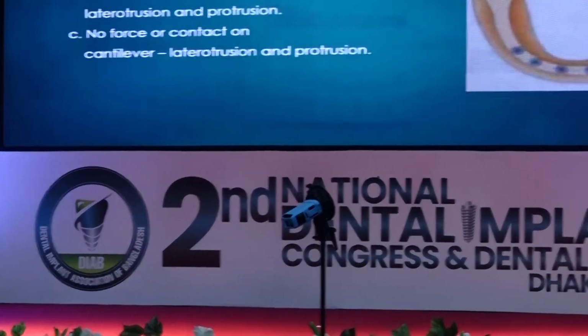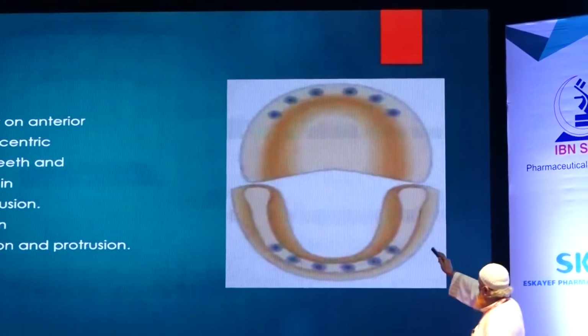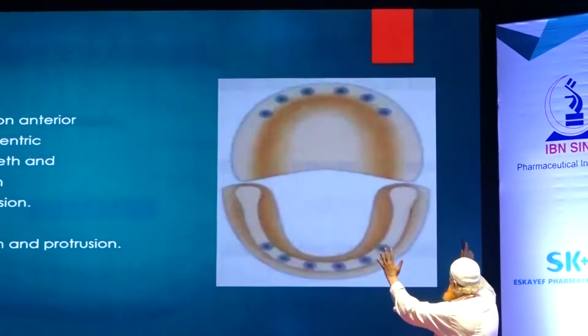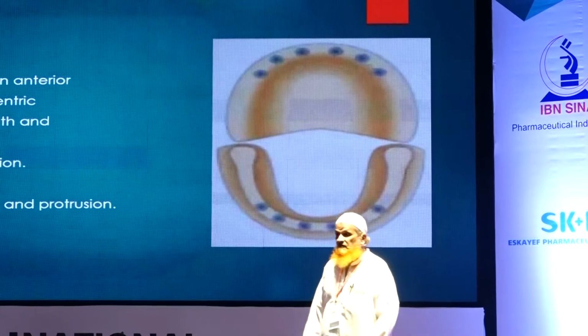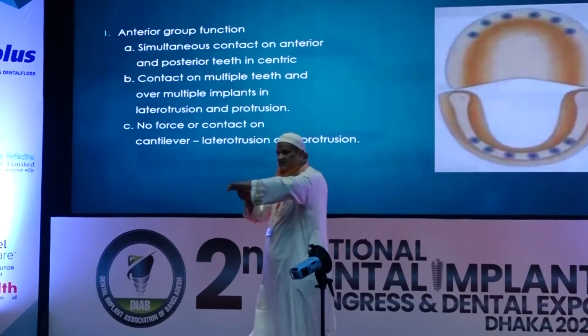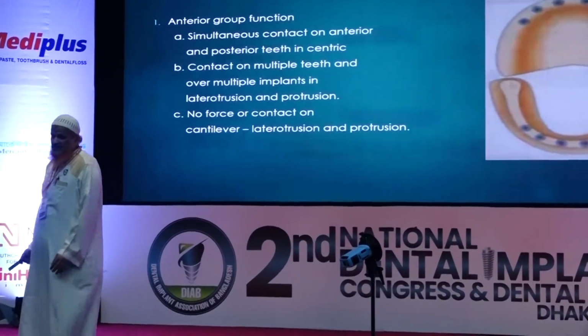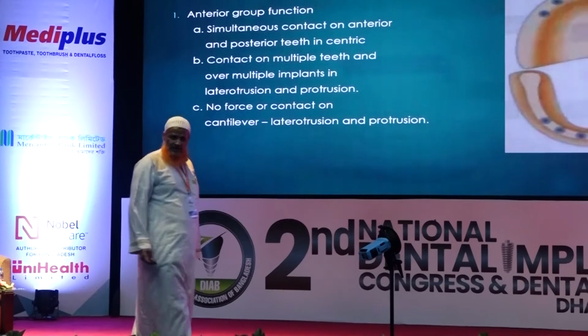That means in the free end area where there are teeth, these teeth will not come in contact. Otherwise, there will be cantilever, there will be rocking movement, and the bone around the implant will be resorbed, and in this case it will fail.